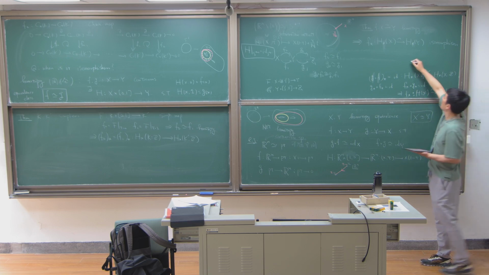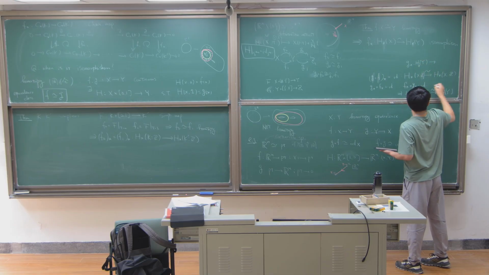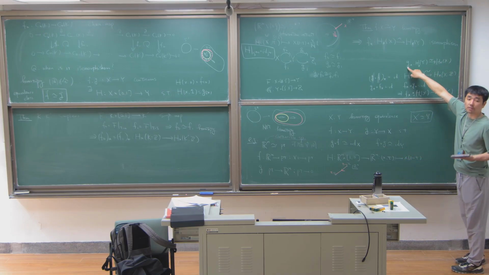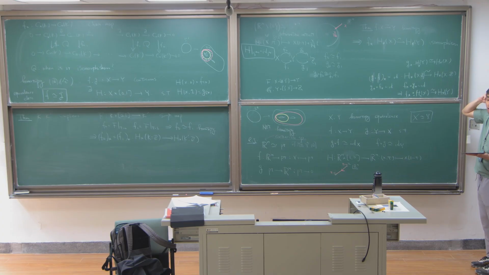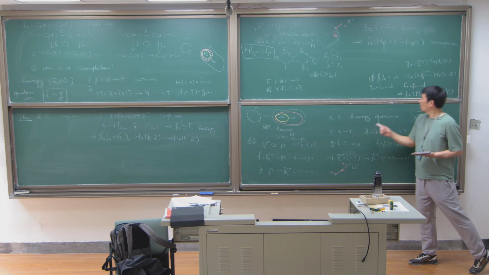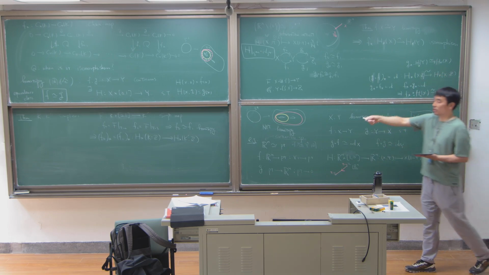And also g star is the inverse of f. If we can show that, this means that if X and Y are homotopy equivalent, then the homology groups of X and Y are isomorphic. That's why. So let's show this one.